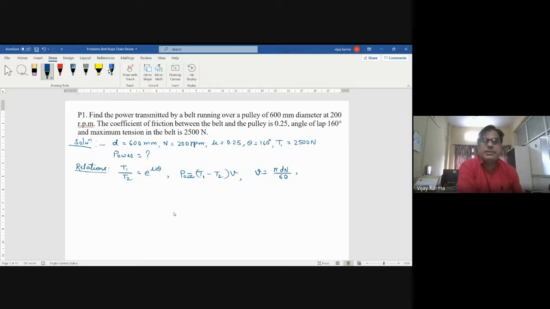So let's calculate T2. T1 is 2500 Newton. T1 by T2 is equal to e to the power mu theta, where mu is 0.25 and theta is 160 degrees, which in radians is 160 into pi by 180.